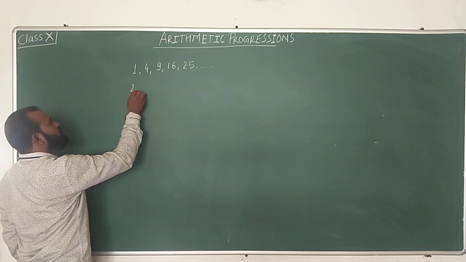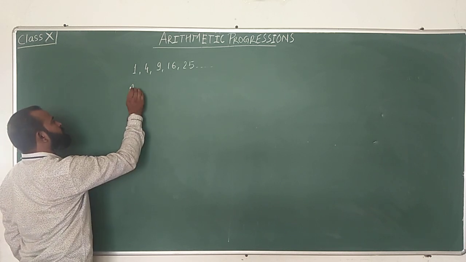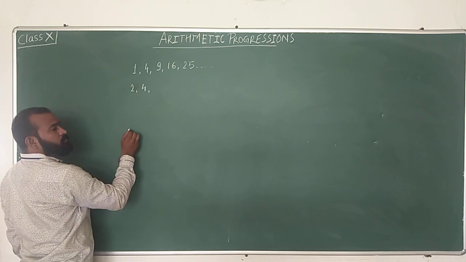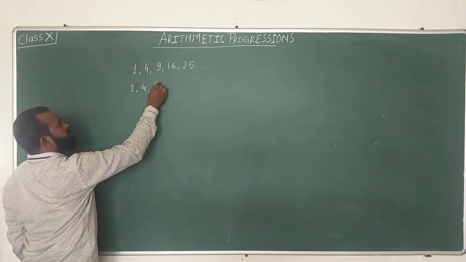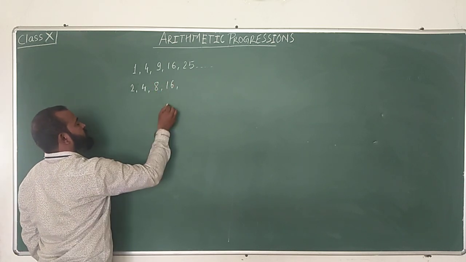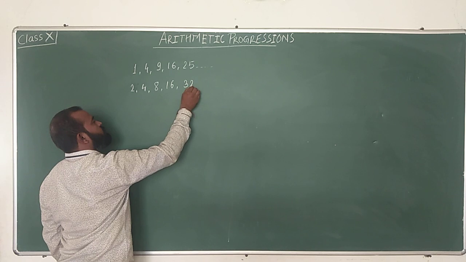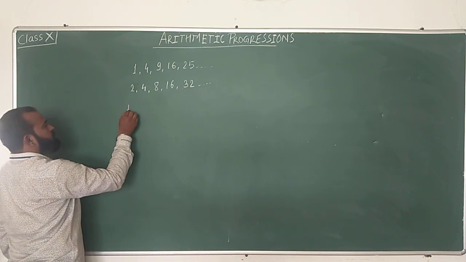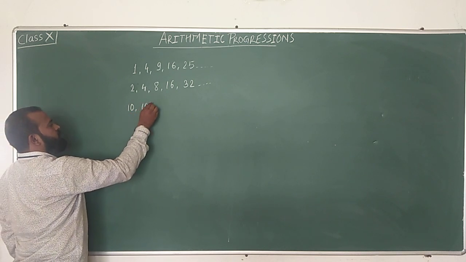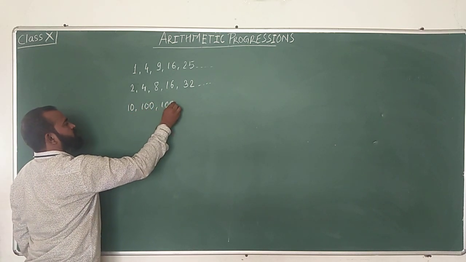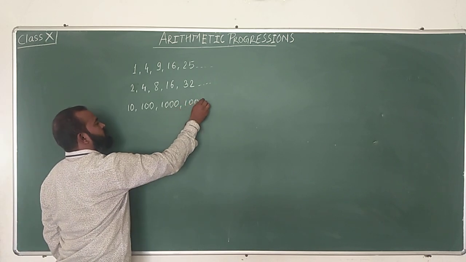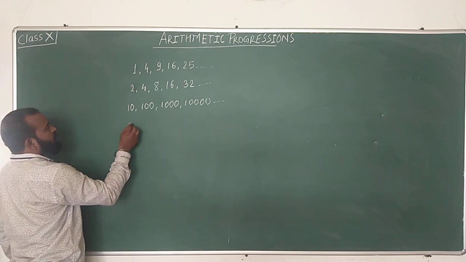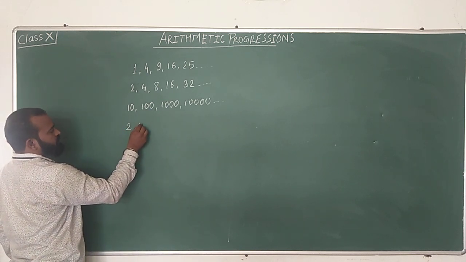Now 2, then 4, then 8, 16, 32. This is also a pattern. Okay. 10, 100, 1000, 10,000. This is also one of the patterns. So these all are called patterns.